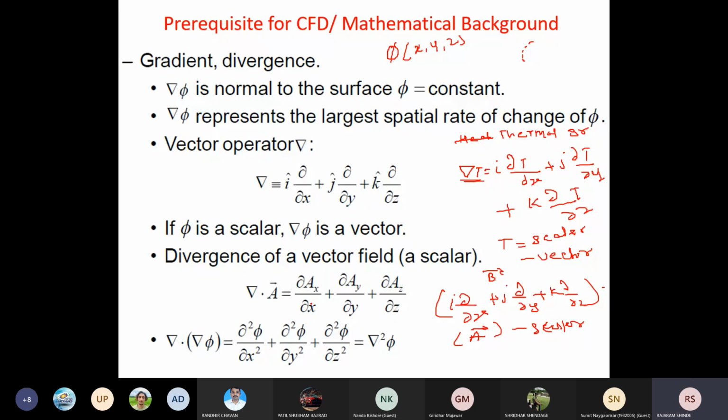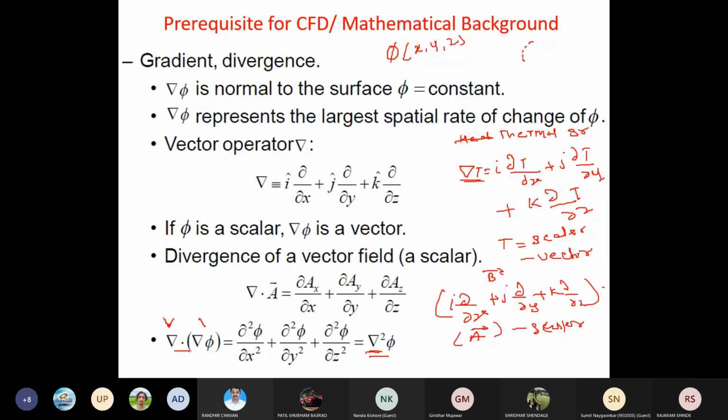Okay. Now when we take the divergence of the gradient of phi, then this is known as the Laplacian operator, that is del square. This is your well-known Laplacian equation. Here divergence is a vector operation, and gradient of phi is also a vector.